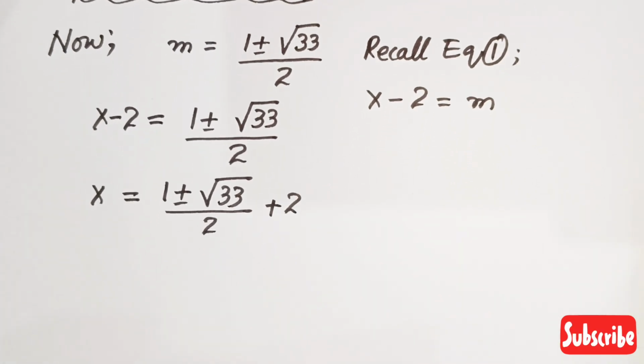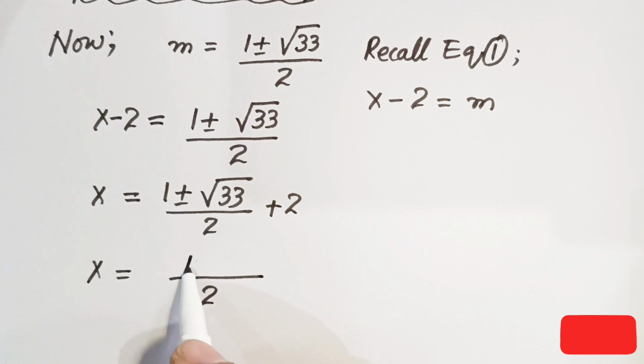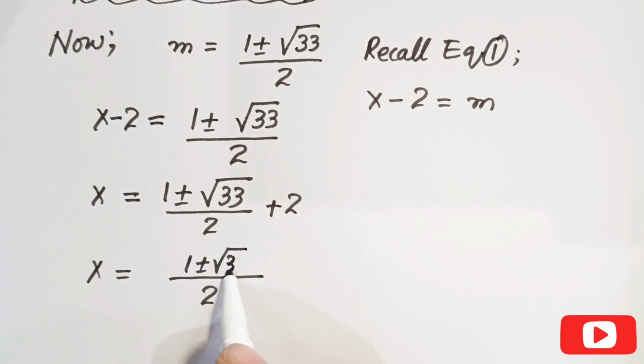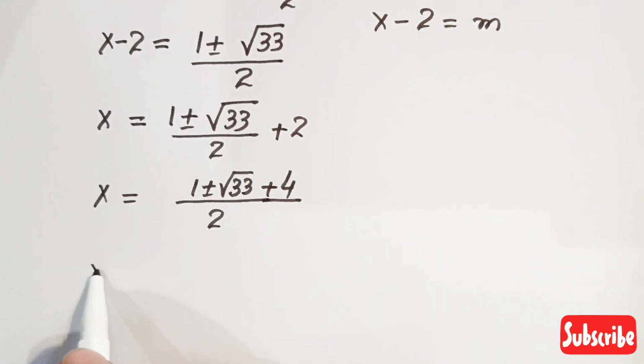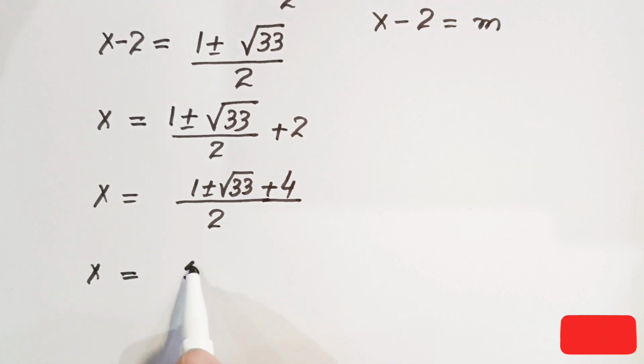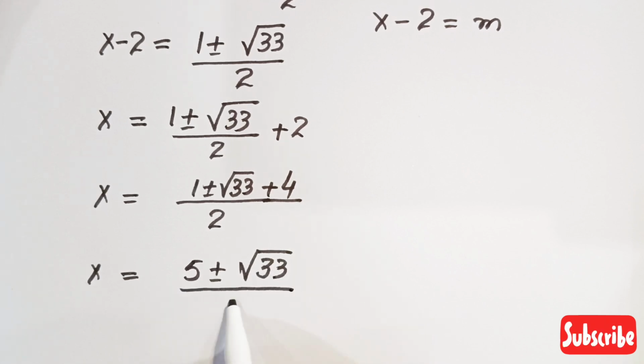Now taking LCM, we have 1 plus minus square root of 33 and plus 2 times 2 is 4. So 4 plus 1 is 5. Then we have x is equal to 5 plus minus square root of 33 all over 2. So these are our values of x, x3 and x4.